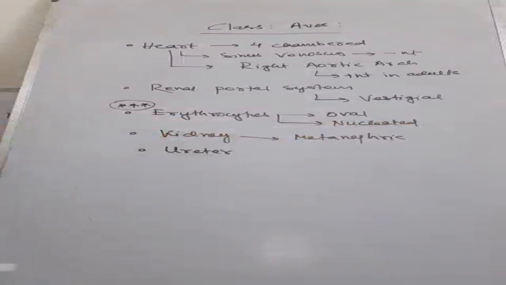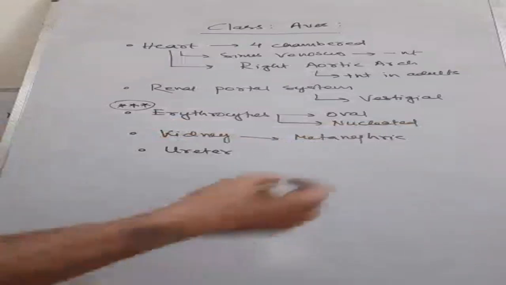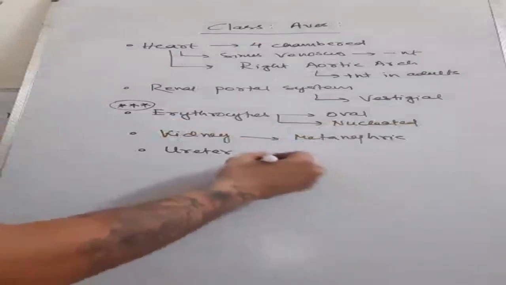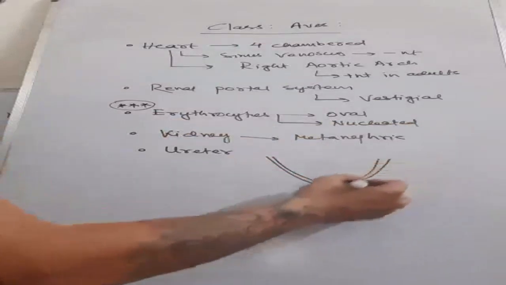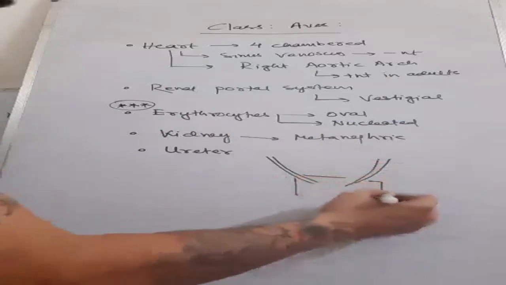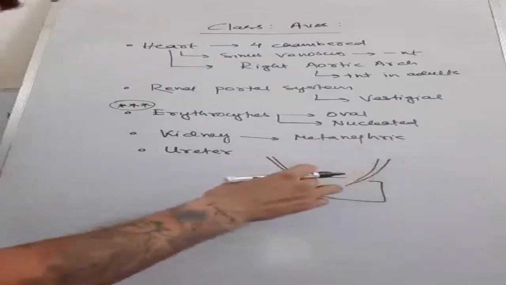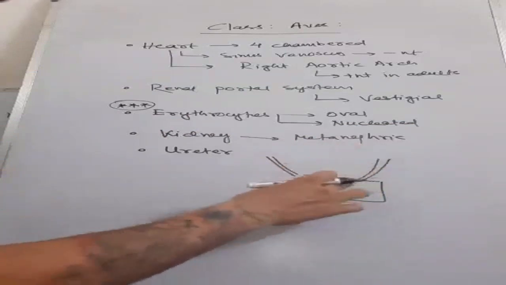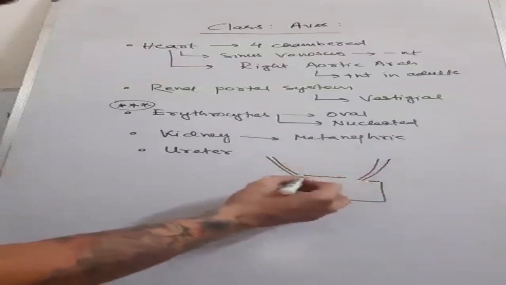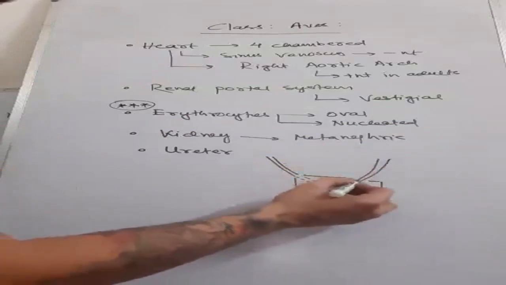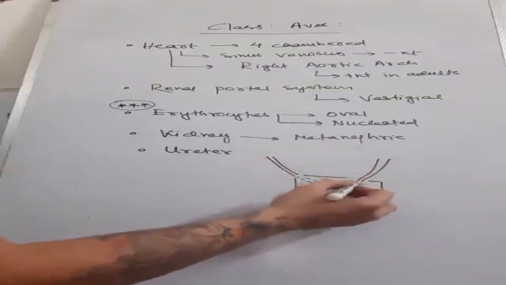Normally we see the ureter descends down to the urinary bladder from the back, not from the front. Ureter does not come inside the urinary bladder from the front. It comes from the back of the urinary bladder.